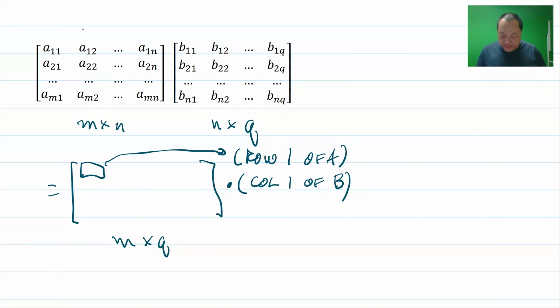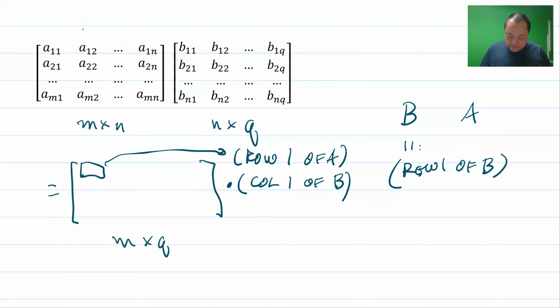But if you multiply the other way around, if you go B times A, first of all, you're going to have to make sure that the dimensions work out, right? But let's just assume the dimensions work out. Then what do you have? In the 1, 1 position, you have row 1 of B dot with the column 1 of A. Totally different vectors.